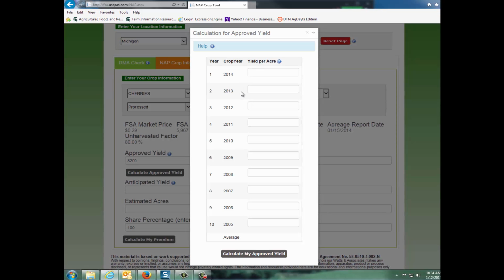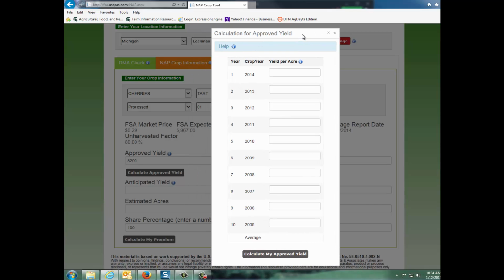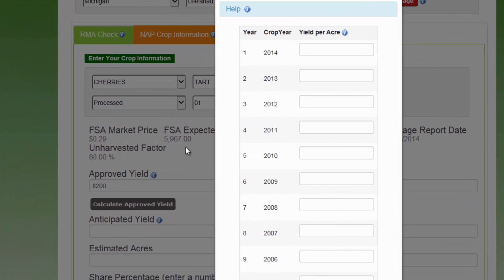We're going to put in a farm example in a second, but I want to talk just a little bit about how you can get these numbers. You need at least 4 numbers. If you have 4 numbers in here, that would suffice to find your county expected yield. If you enter fewer than 4, they're going to have to incorporate this FSA expected county yield.